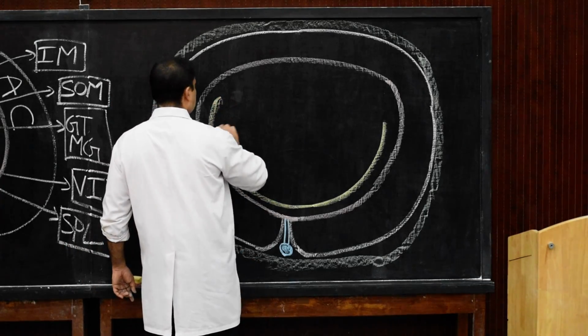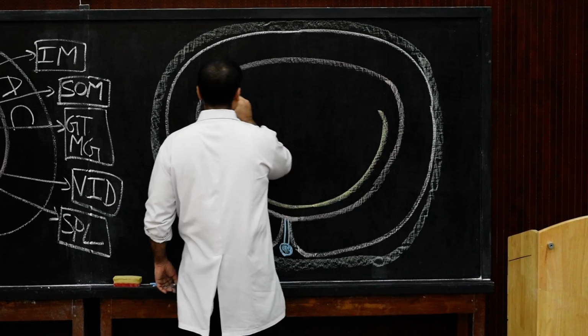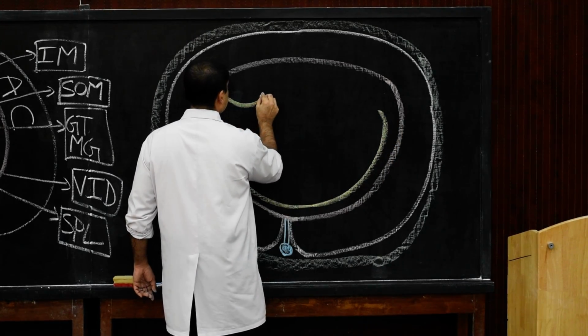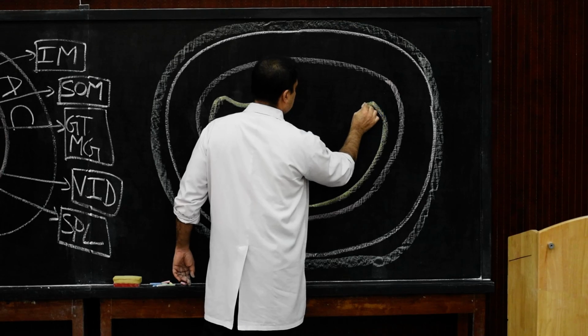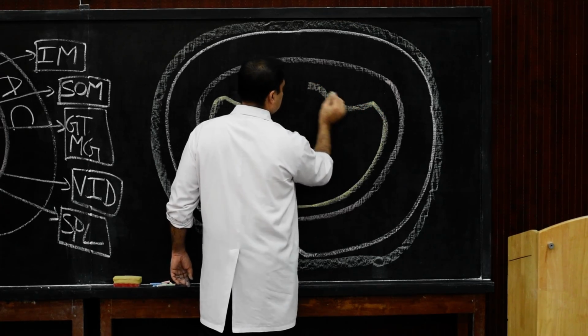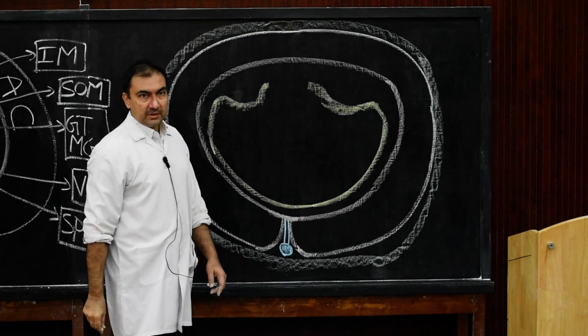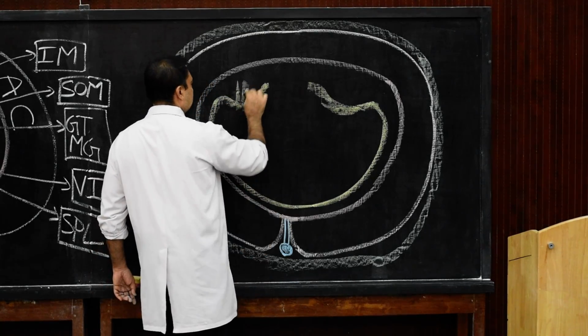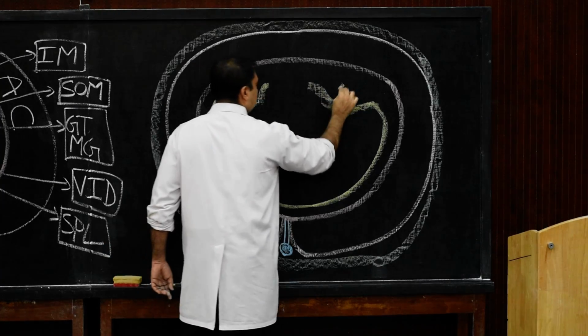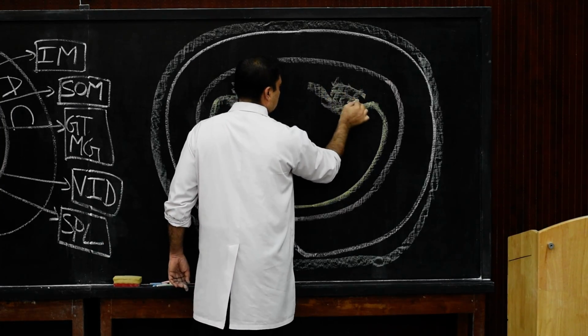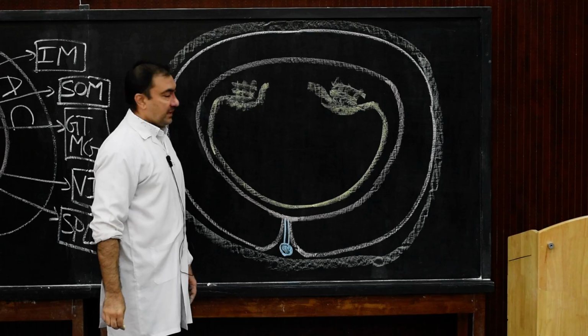Then this somatopleuric layer will line the ventral side of, this is a huge bulging ventral side of intermediate mesoderm. So I am going to color this as intermediate mesoderm.